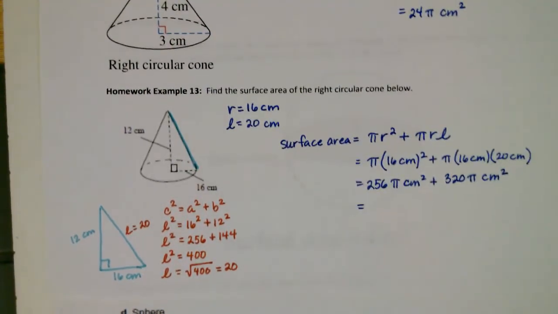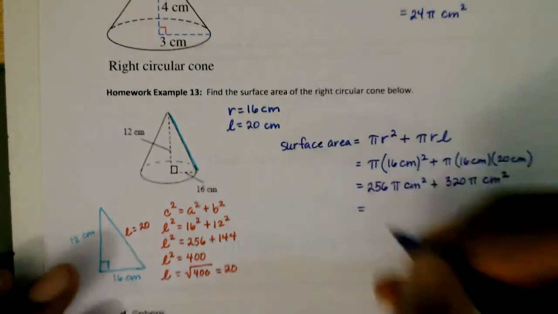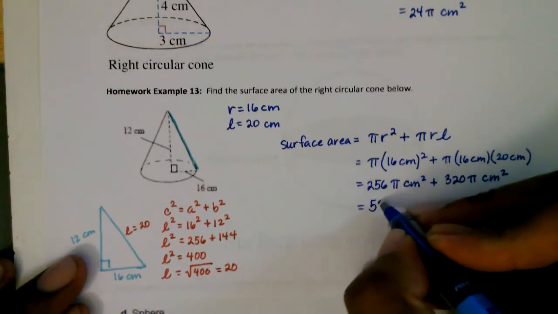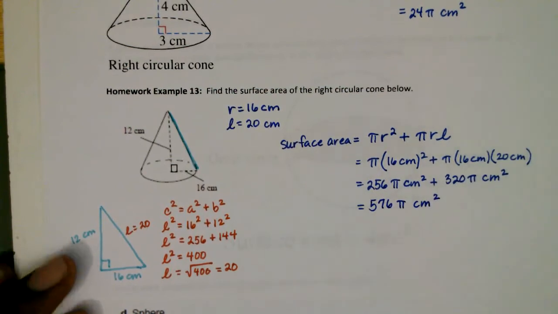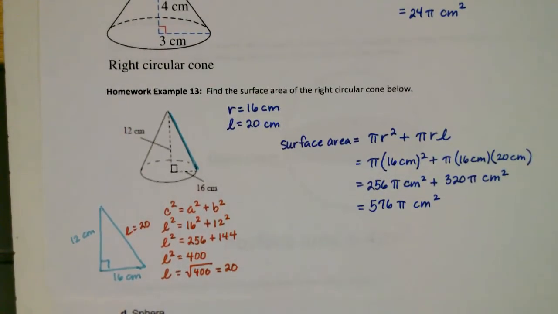All right, 256 pi plus 320 pi will end up being 576 pi. And that area is in square centimeters, since our units are in centimeters. So the surface area of that right circular cone would be 576 pi square centimeters.